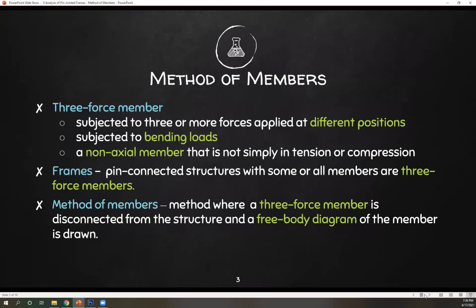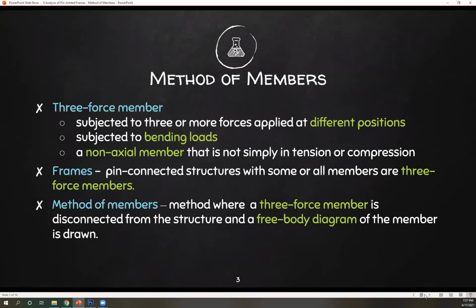So as I mentioned earlier, we have your three-force member. So what is that? From the name itself, it is a member subjected to three or more forces applied at different positions. Usually, or rather in our previous lectures, the forces were always at the joints, right? But now, for three-force members, the force can be applied along the length of your member.